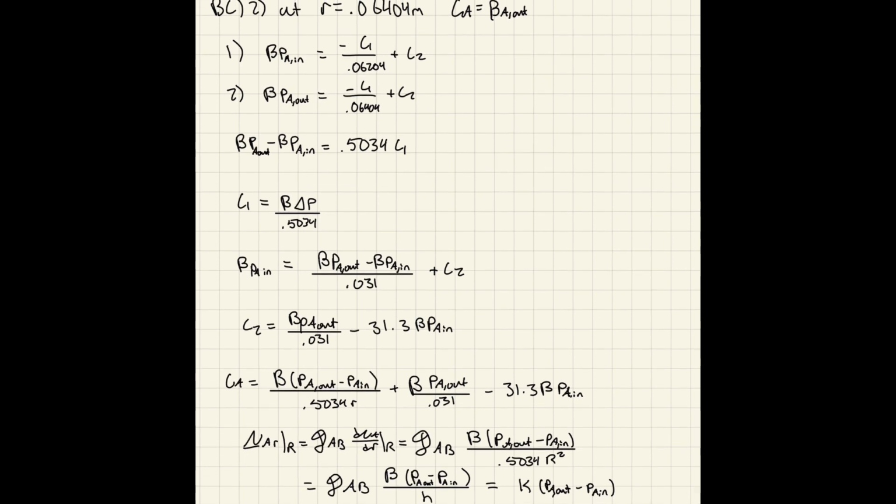And this is going to be equal to diffusivity of AB times beta times pressure of A outside minus pressure of A inside over H, which is equal to our K, P_A out minus P_A in, and K was defined earlier.